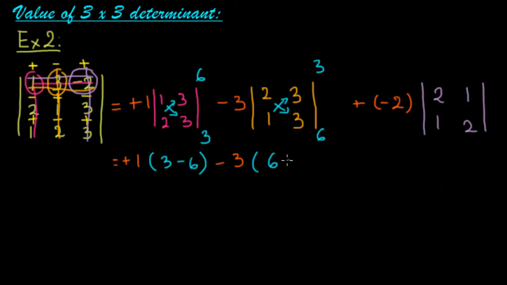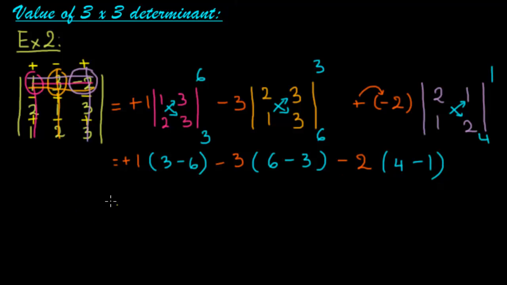And bottom subtract top, so 6 minus 3. And bring down the -2. Positive times -2 will give me -2. This determinant gives me 4, and this is 1, and bottom subtract top, so 4 minus 1.